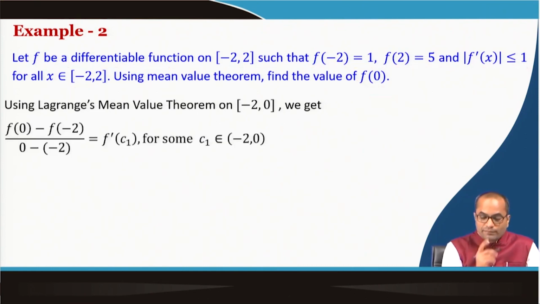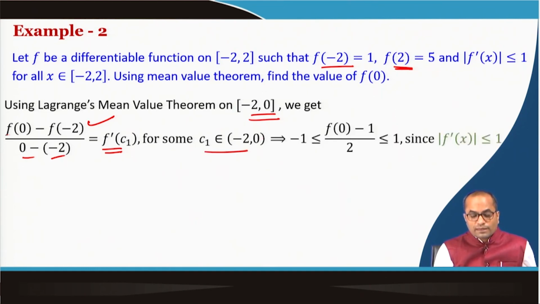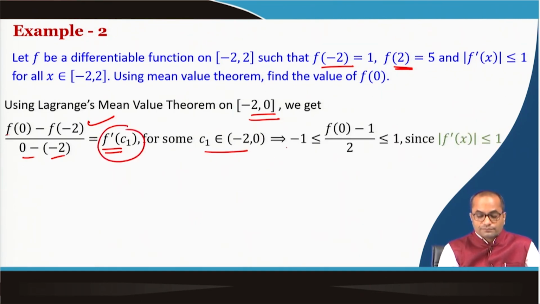First we apply it on -2 to 0; the value at -2 is known, and the other one is also known. So, f of 0 minus f of minus 2, divided by 0 minus -2, is equal to f prime c1, for some c1 in this interval -2 to 0.